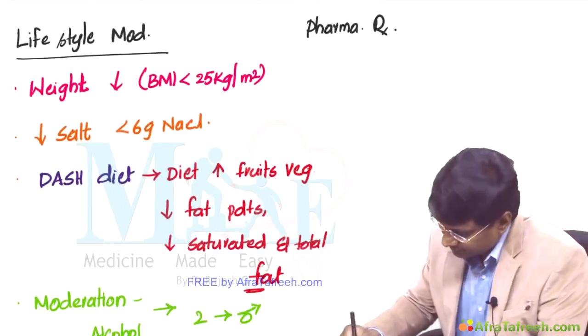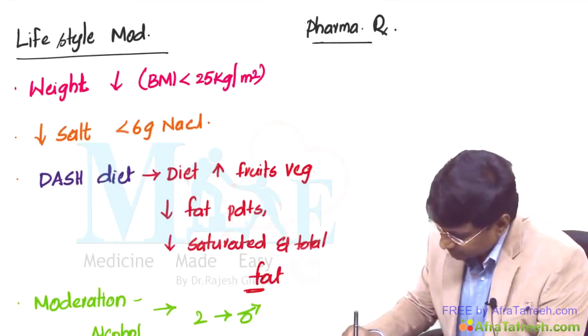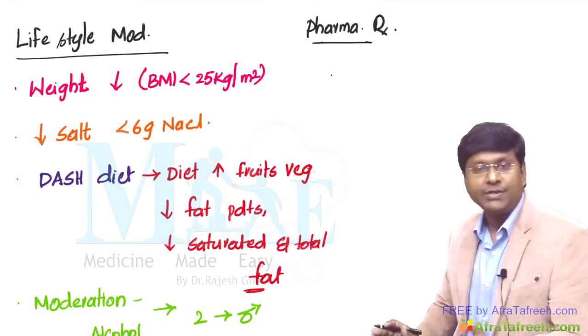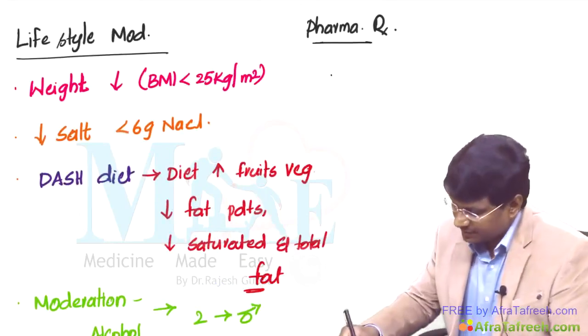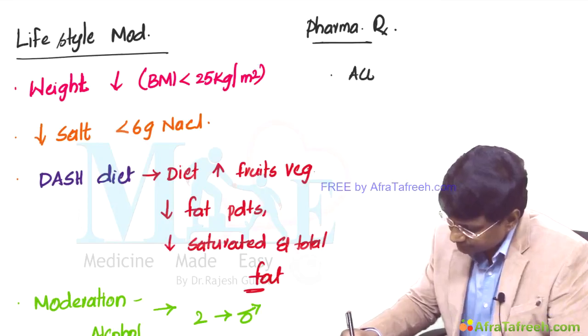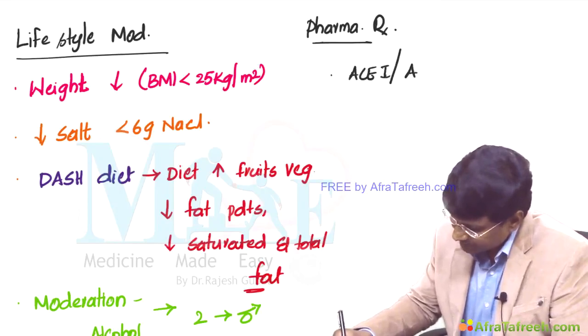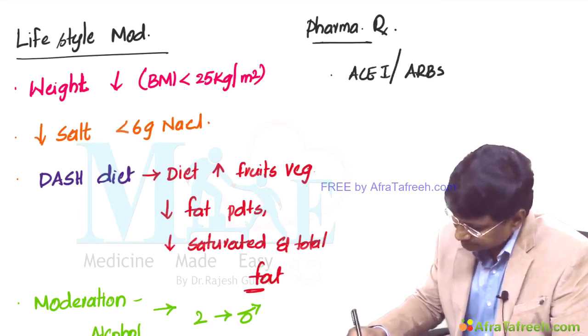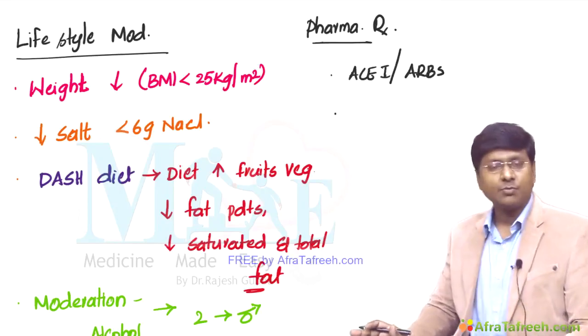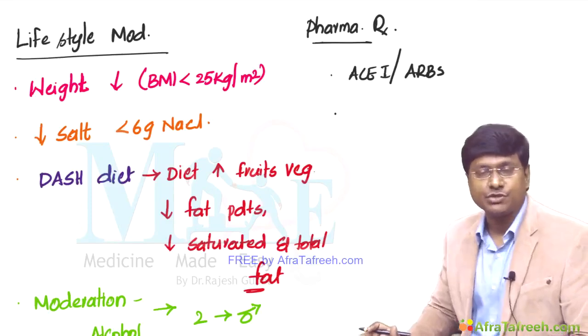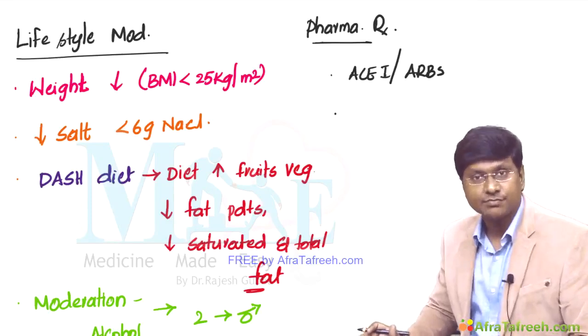Next, you take the pharmacological treatment. Remember, as a part of the pharmacological treatment, you can start either the ACE inhibitors or the angiotensin receptor blockers. These are almost like first line medication in individuals of age group less than 50 years.